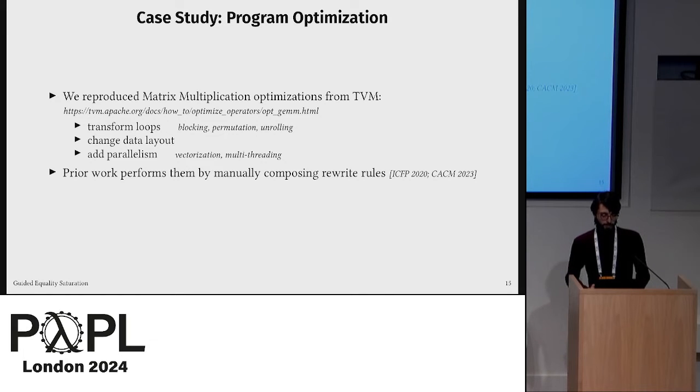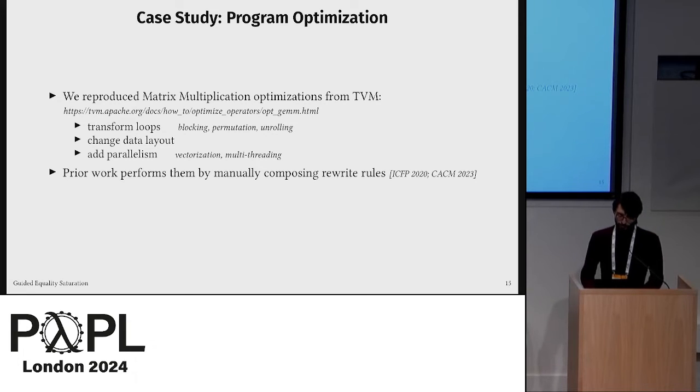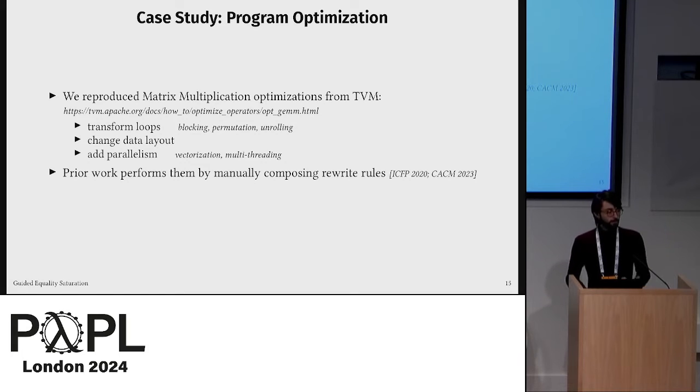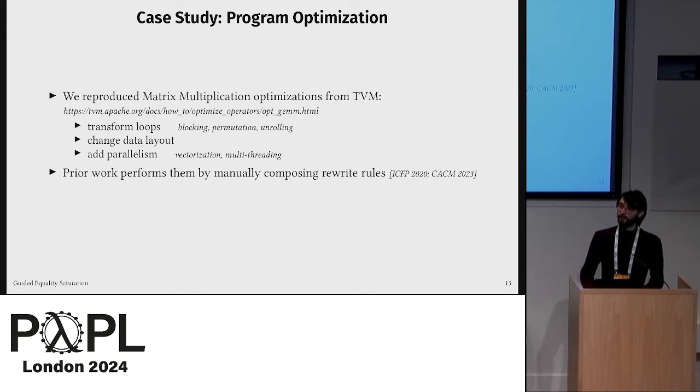So with TVM, the optimizations are also not fully automatic. There is also some form of semi-automation. And the optimizations that are applied include tiling, which is about transforming loops, but also other optimizations that change data layout and add parallelism.